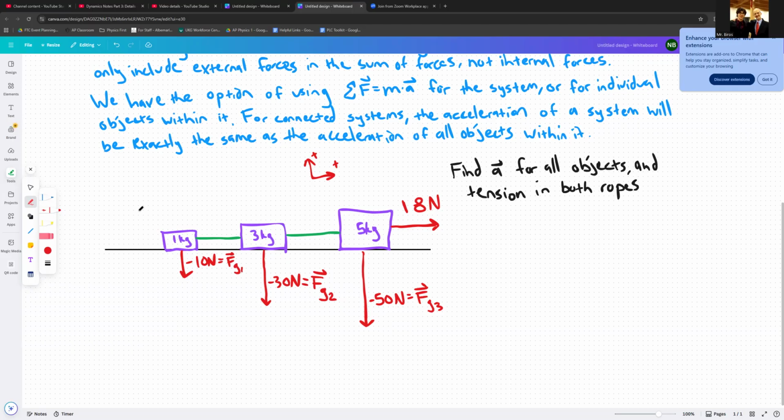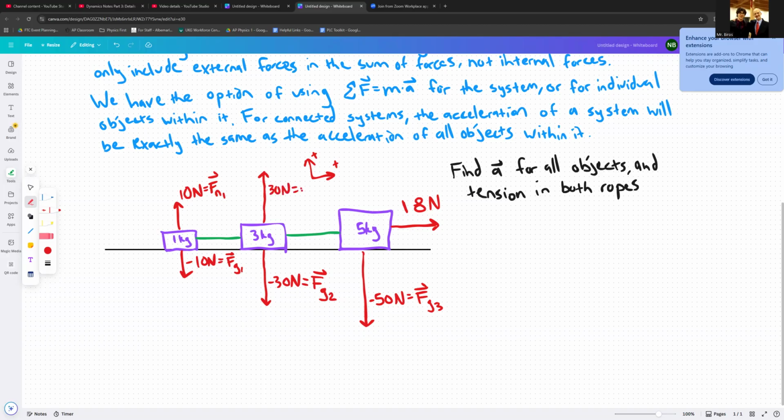Now, of course, these forces of gravity are not causing the blocks to accelerate because they're on the floor. So let's draw our normal forces. Balancing here, 10 newtons here. We could start labeling these like FN1. This is balancing as well, 30 newtons.